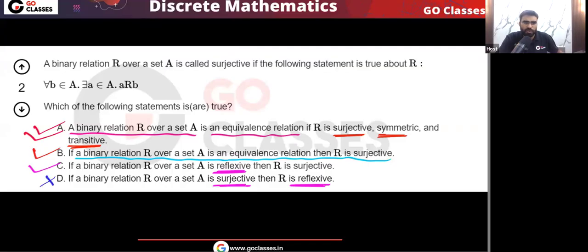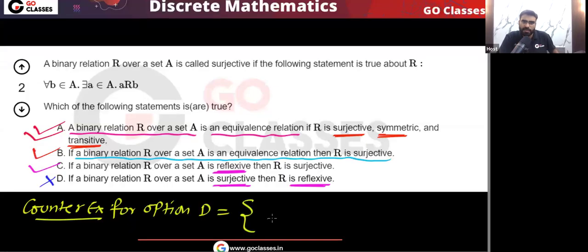No, this is not true. Let me give you a counter example for option D. It is like this: 1 is related to 2, 2 is related to 3, 3 is related to 1.